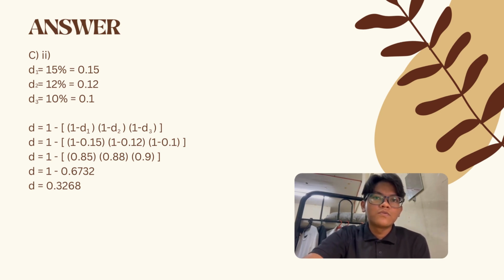Then we get D equals 1 minus 0.85 times 0.88 times 0.9. And then D equals 1 minus 0.6732. So the answer is D equals 0.3268.